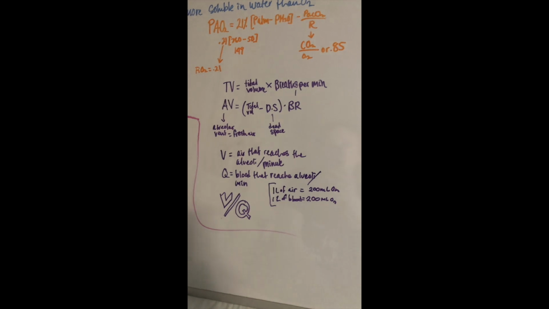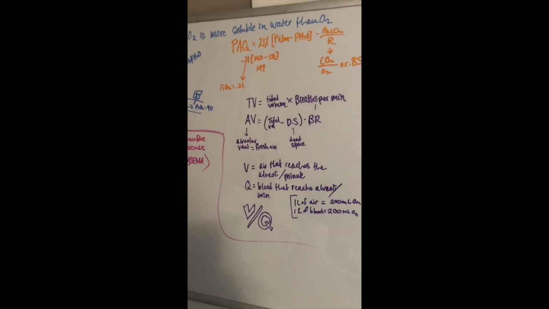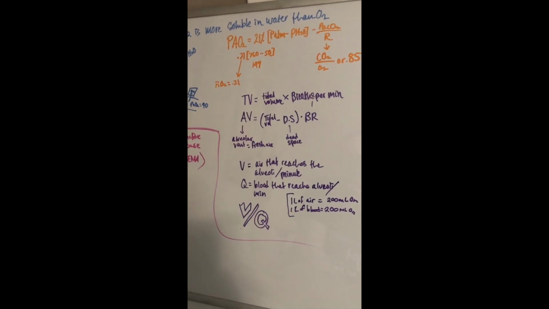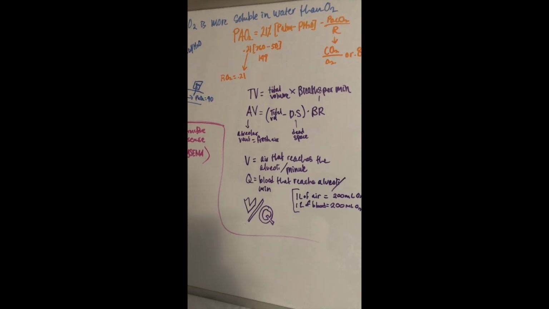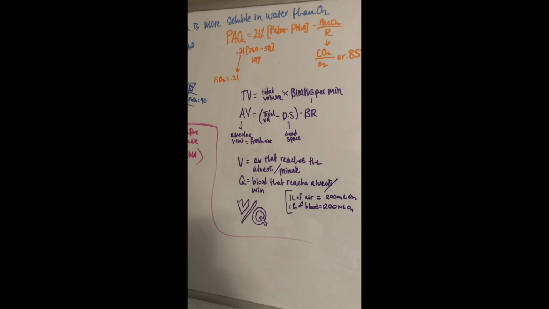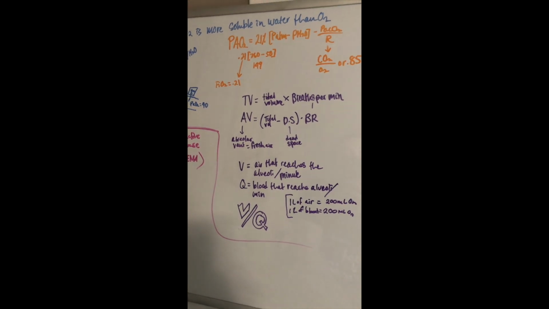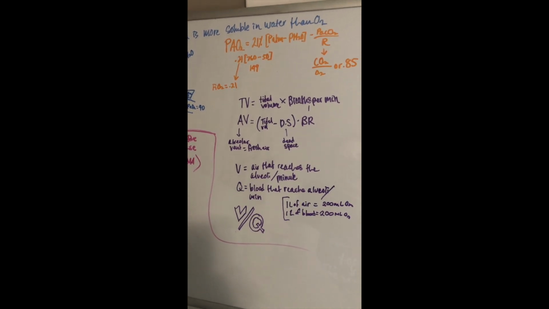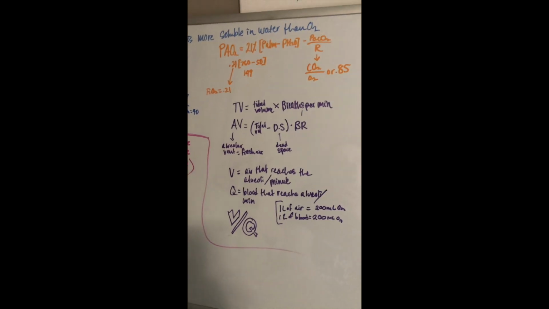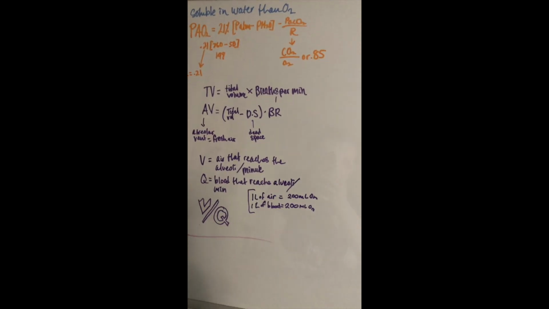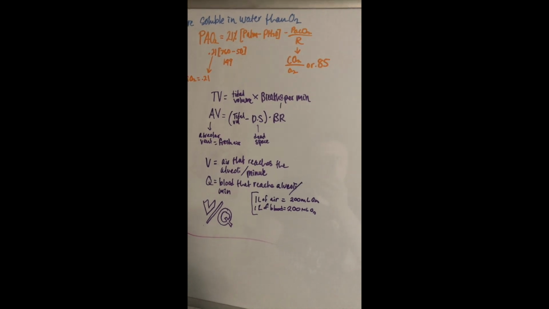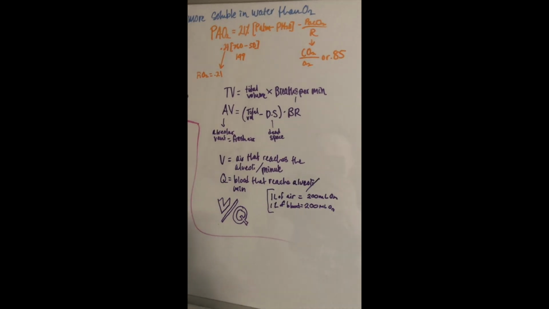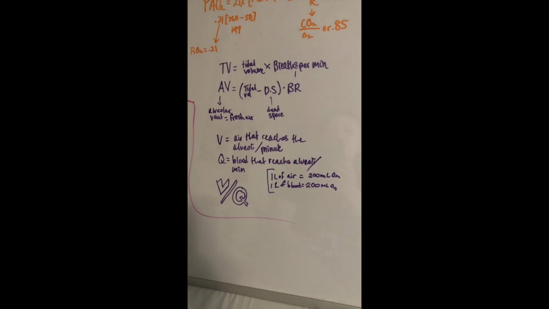So a few more things that we need to know is TV is tidal volume times breaths per minute, and AV, which is the alveolar ventilation, is our tidal volume minus DS, which is our dead space, times our breaths per minute. And that dead space is the air that just keeps getting recycled and recycled and just doesn't make its way out, and keeps getting sucked back in.